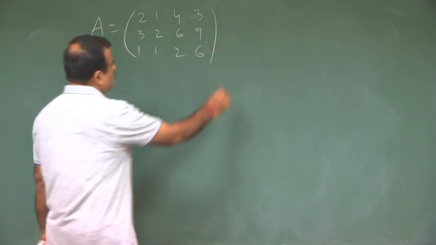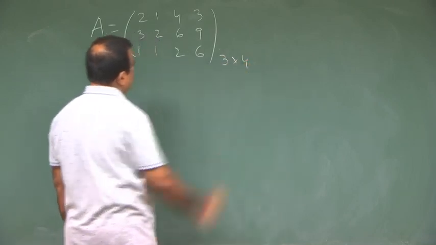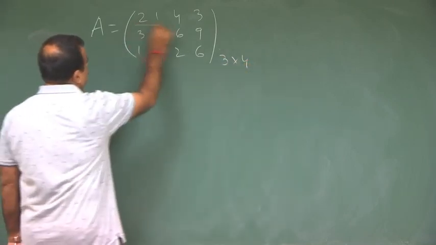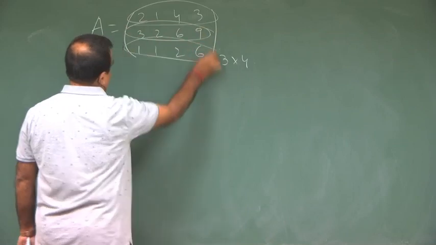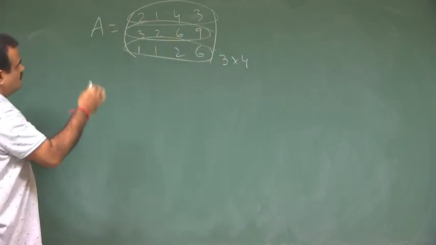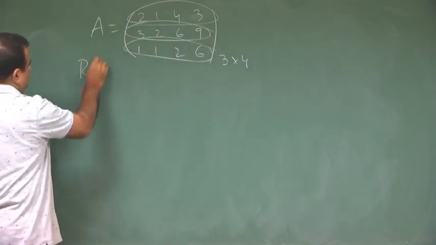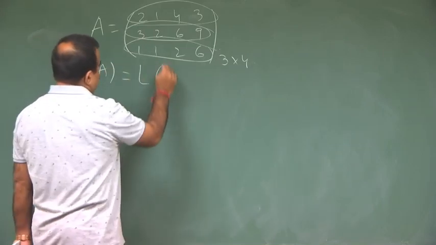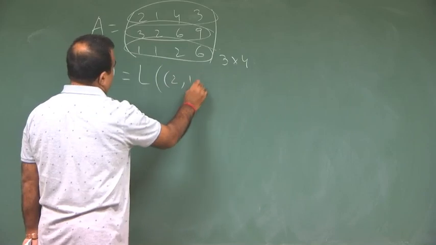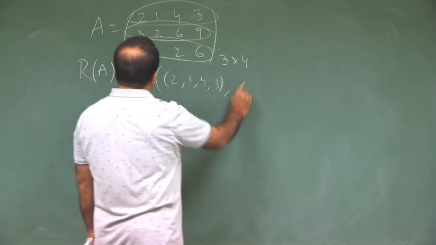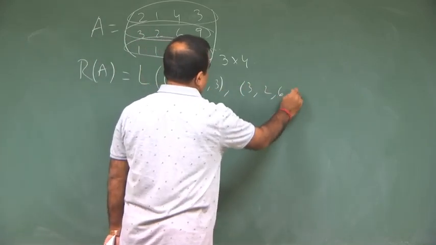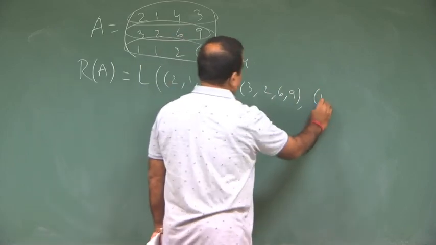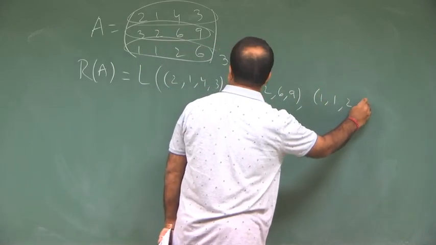So, this is a 3 by 4 matrix. These are the rows. So, what is the row space? The row space is nothing but the linear span of these row vectors.